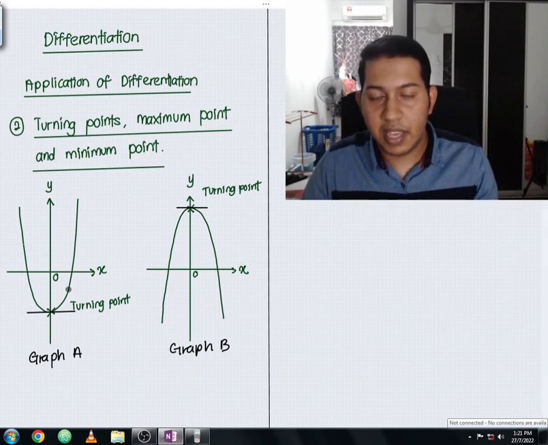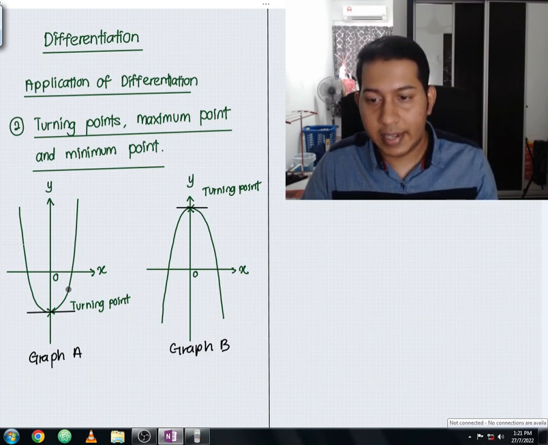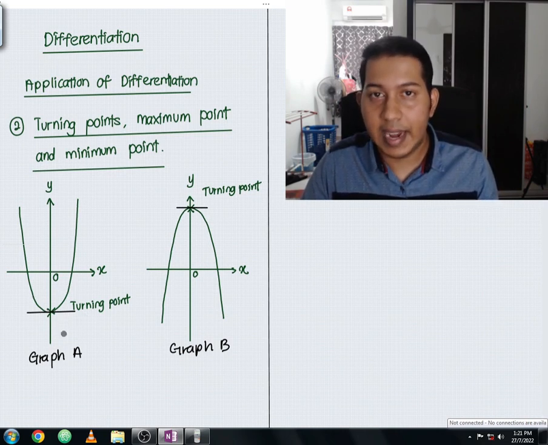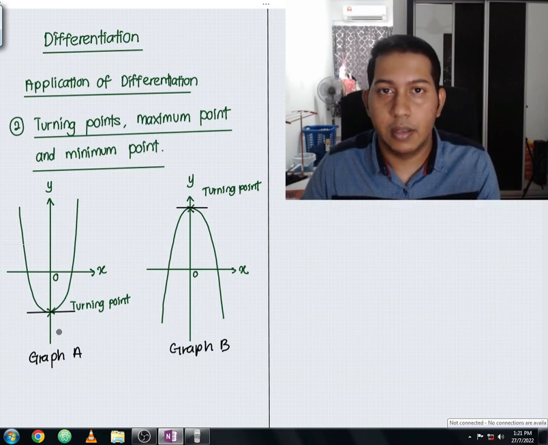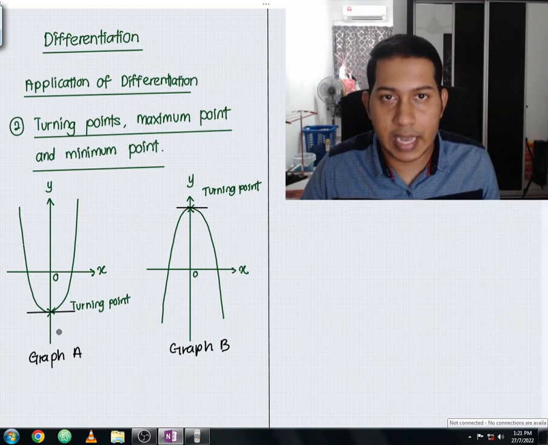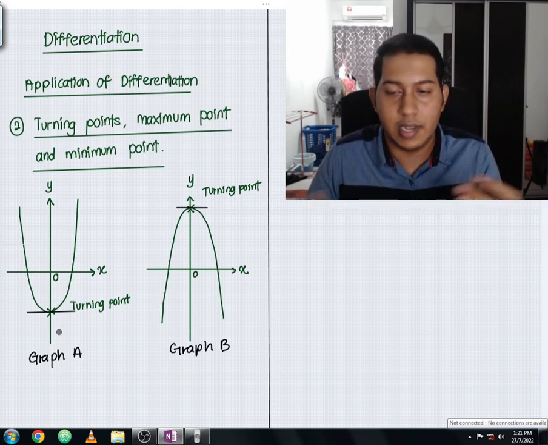If it's a perfect horizontal line, that means your gradient will be 0. Since we are calculating the gradient of tangent, what is the gradient of tangent known as? It is dy over dx. You can call it the gradient of curve or gradient of tangent; it is the same, guys.